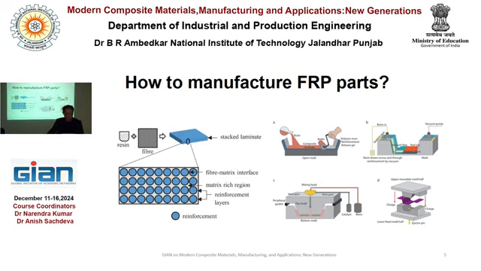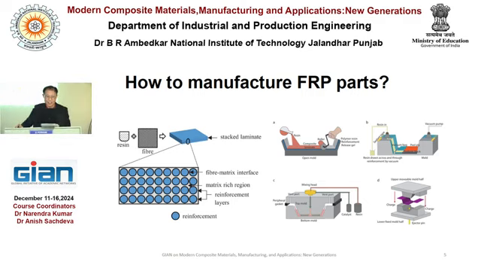Okay? So this is one typical cross-section of a unidirectional composite material. The blue circles mean the fiber cross-section, and the gray background is the matrix, in this case resin.